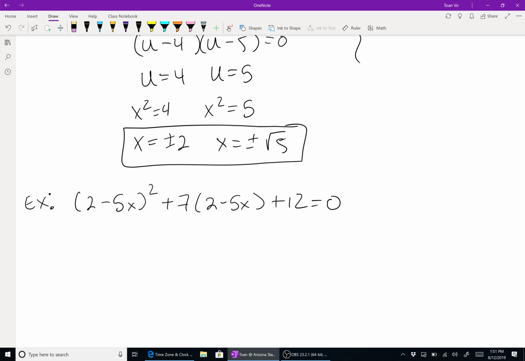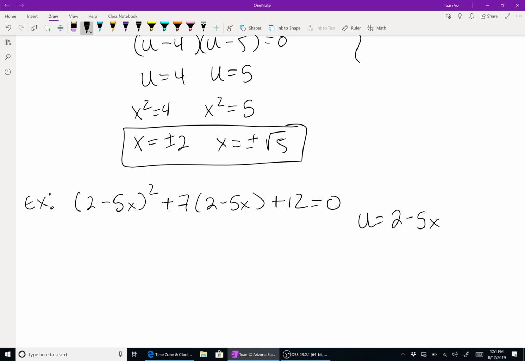But if you notice, you have 3 terms. The last one is a constant. And this parentheses has an exponent of 1, this parentheses has an exponent of 2. So I could expand it, or I could let u be 2 minus 5x, and then you just go ahead and solve it like a regular quadratic. I'll let that be an exercise for you.